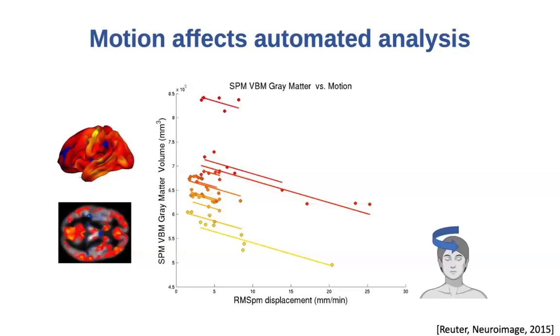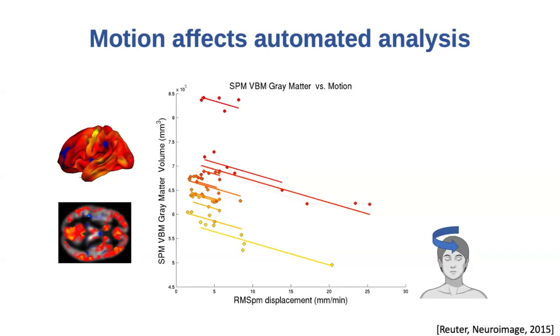And this is important because of the biases that, as I now mentioned multiple times, persist. Martin Reuter had already shown this in 2015, where for the SPM toolbox, we see gray matter volume on the y-axis and the motion displacement on the x-axis. So here is the same participant scanned multiple times, one line is one participant.